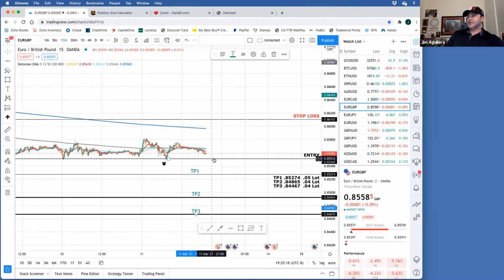And you're going to enter a trade here, but you're actually going to enter on your MetaTrader 4 app 3 separate trades. You can't enter multiple take profits into MetaTrader as one trade.